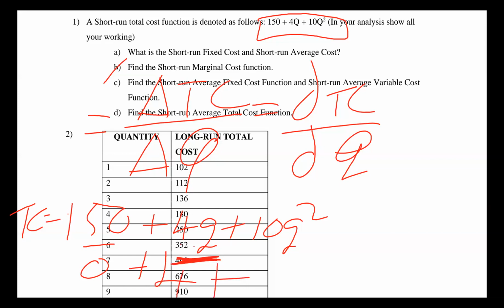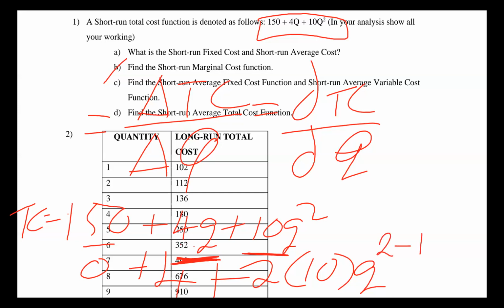Plus here where there is 10 and the variable is raised to the power 2, you drop the power 2 and multiply by the coefficient 10. You keep the variable the way it is, then the power reduces by 1.